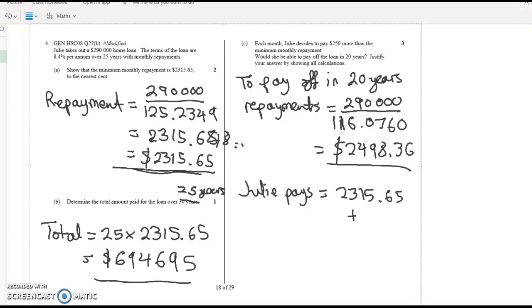We're going to add 250 to that, and that's equal to 2565.65, which is greater than 2498.36. Therefore, she will pay it off.